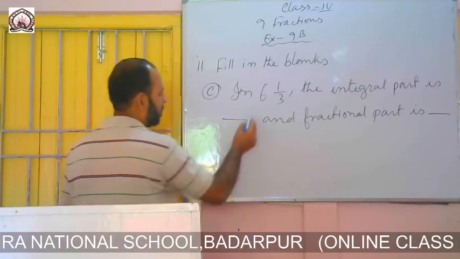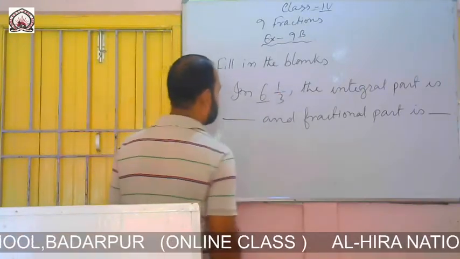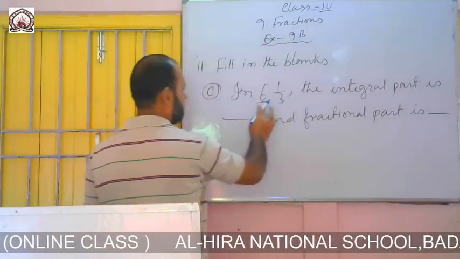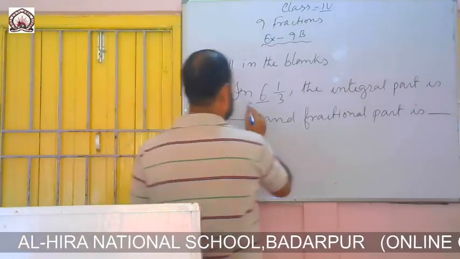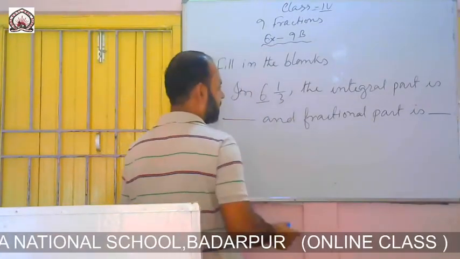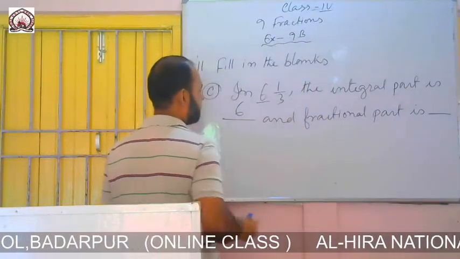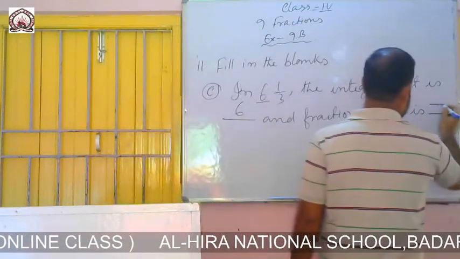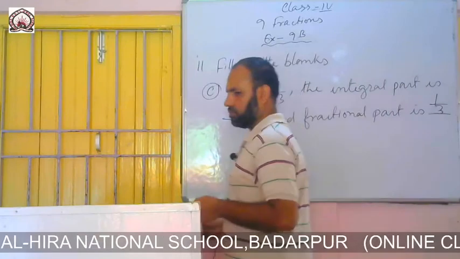So here the whole number part is 6 and the fraction is 1/3, a proper fraction. So 1/3 is the fractional part and 6 is the integral part. So in 6 1/3 the integral part is 6 and the fractional part is 1/3.